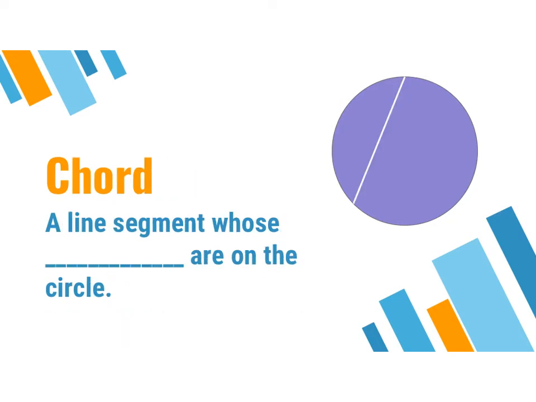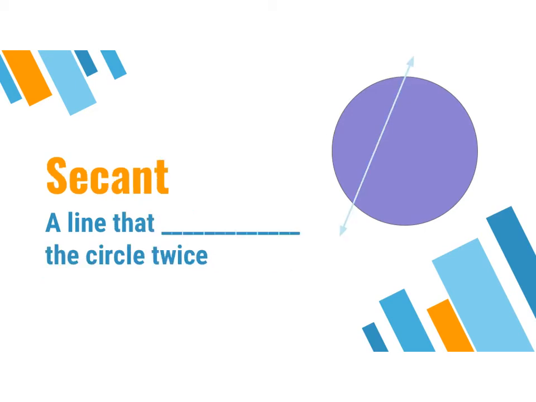A chord is going to be a line segment whose endpoints are on the circle. We write it just like a line segment. So if this was F and this was T, I would say this is FT. A secant then is like a chord that keeps going.